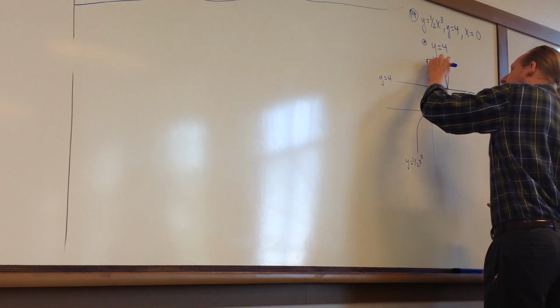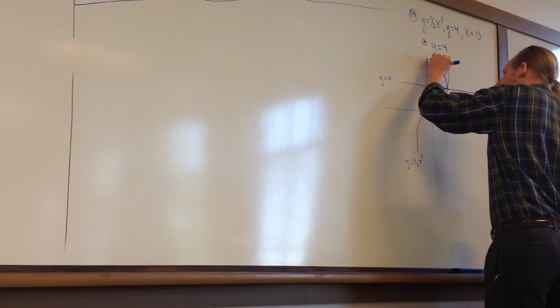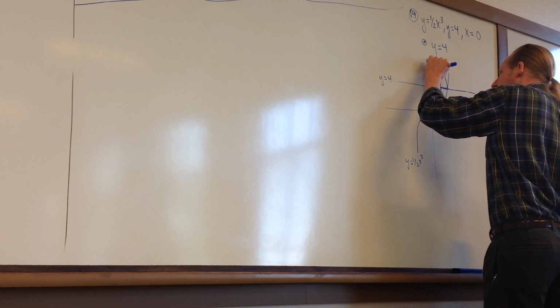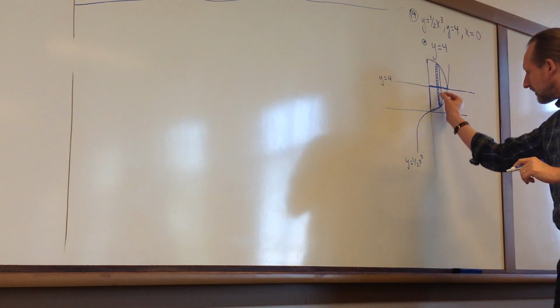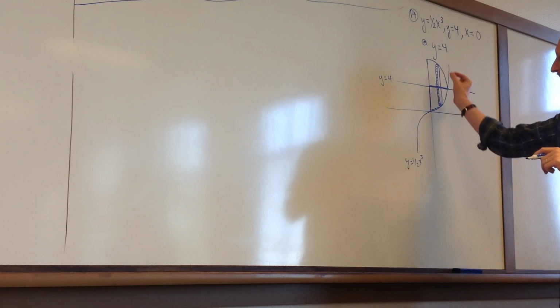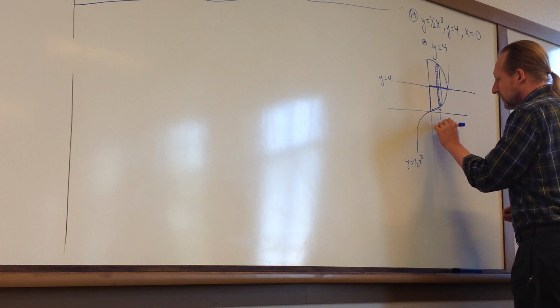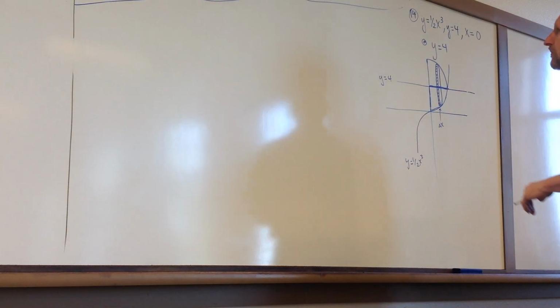And so as a result, what we're going to get is a disk. Okay, there's the thickness of our disk. And again, that thickness is along the x-axis, and this is a dx problem, so we're going to be integrating with respect to x.